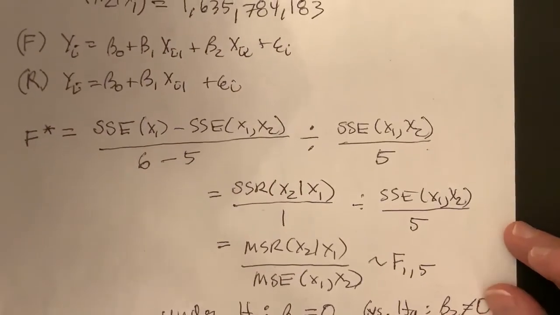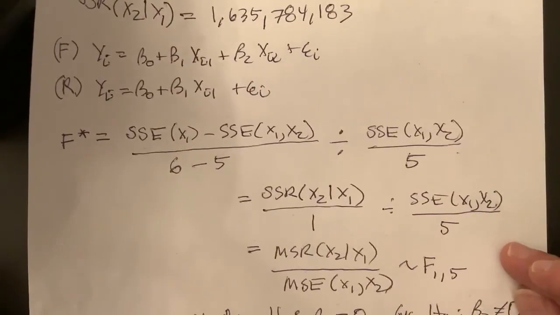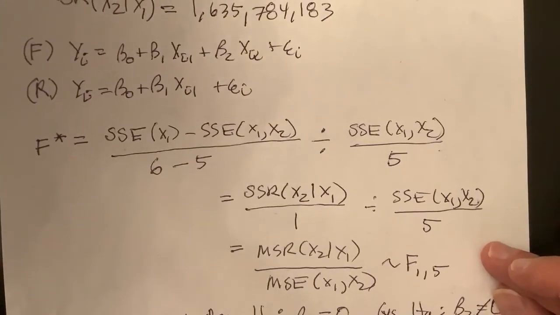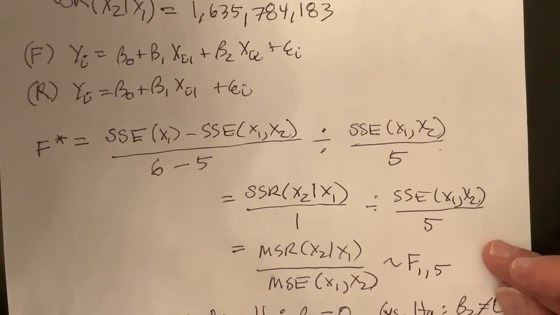And then I divide by the full model divided by its degree of freedom, and I can rewrite these now using my extra sum of squares notation, because the top is clearly an extra sum of squares. It's SSR x2, the amount of explanation I get when I add x2 to the model given x1. And the degrees of freedom of that extra SS is 1.